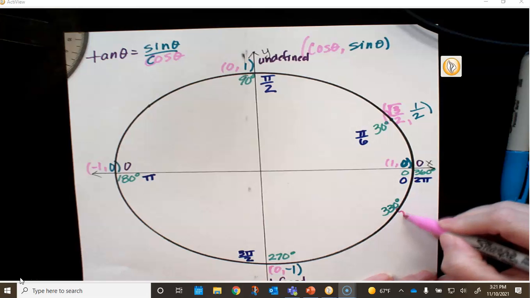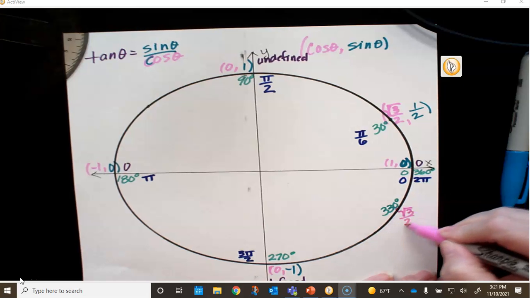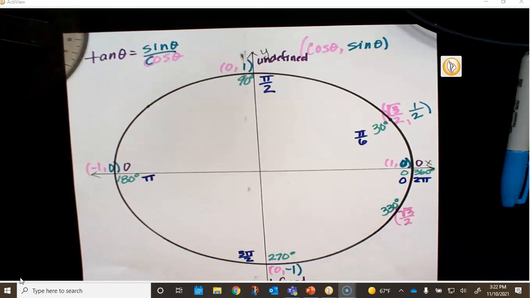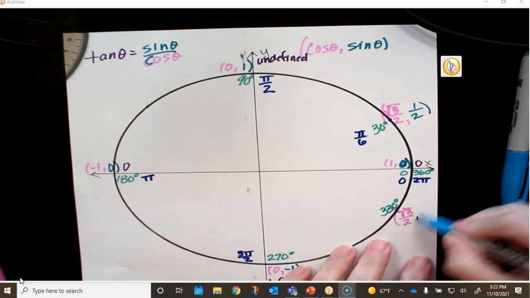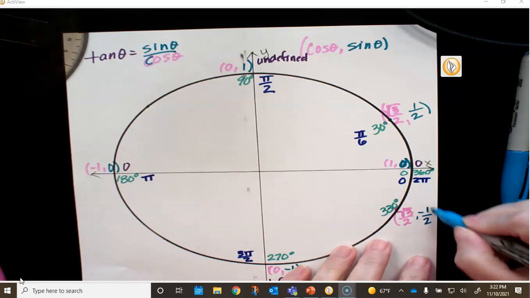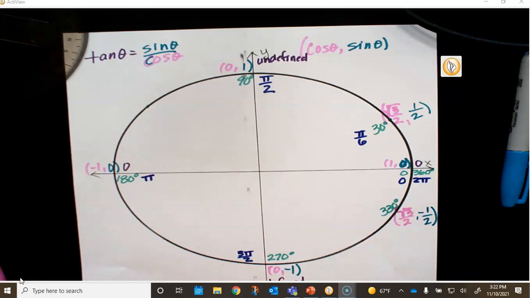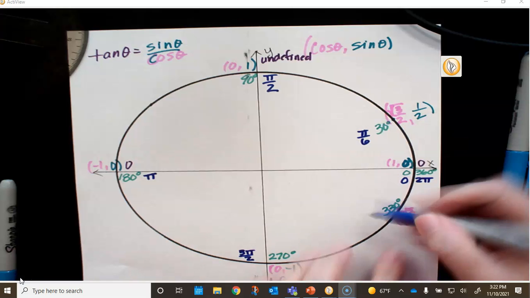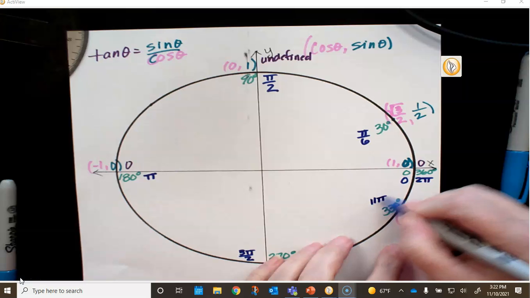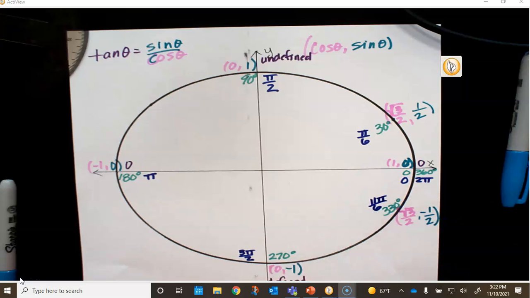So I still have the square root of 3 over 2. For x, that's my cosine, but my sine is going to be the opposite because it's in the fourth quadrant. All right, beautiful. So what do I multiply by 30 to get 330? 11. So 11 times pi over 6, that's my radians.